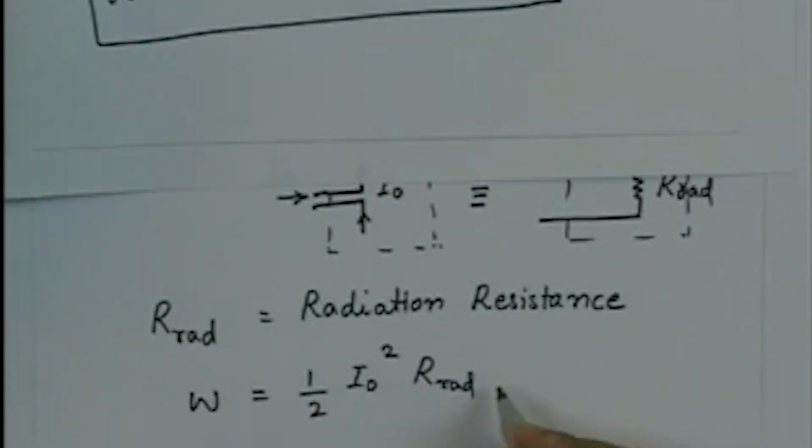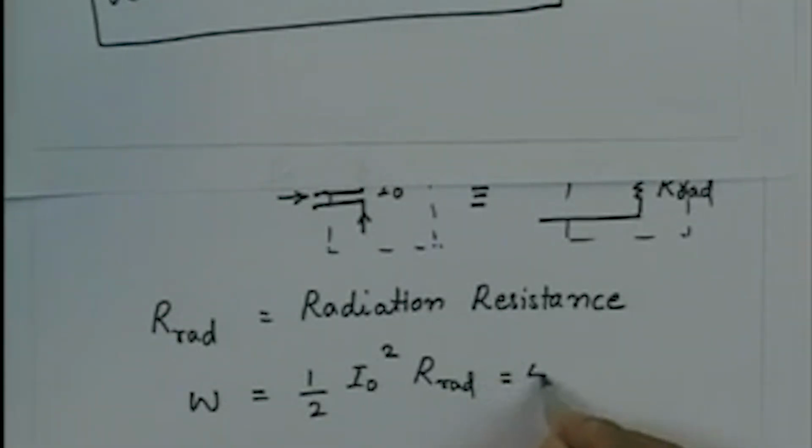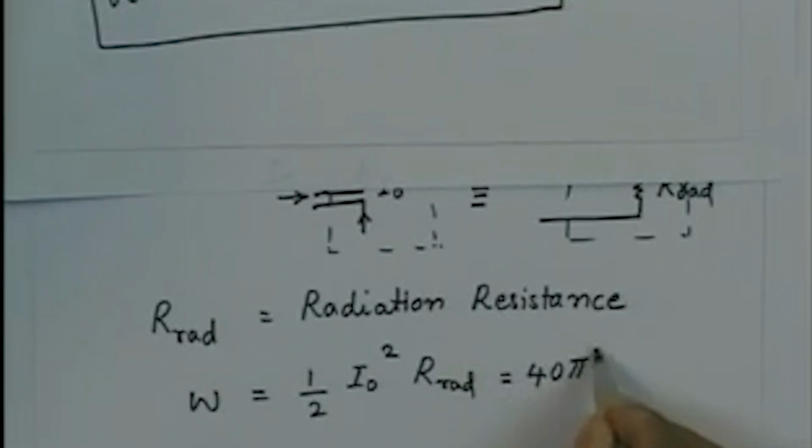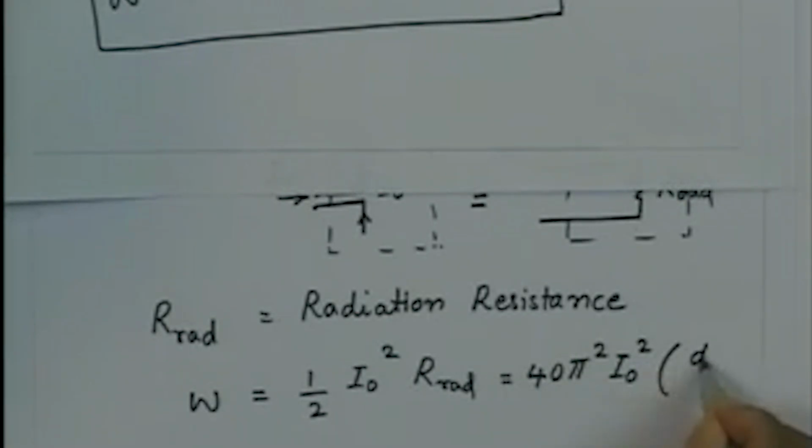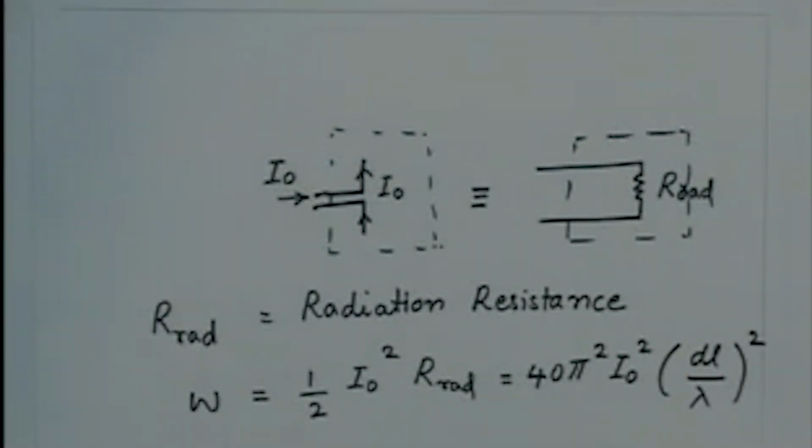So, these two should be equal. So, this is equal to 40 pi square I0 square dl upon lambda square. So, I0 will cancel out, and from here we get the radiation resistance of a Hertz dipole, which is equal to 80 pi square dl upon lambda whole square.